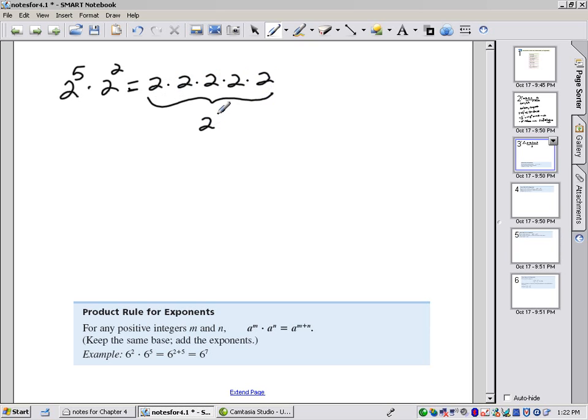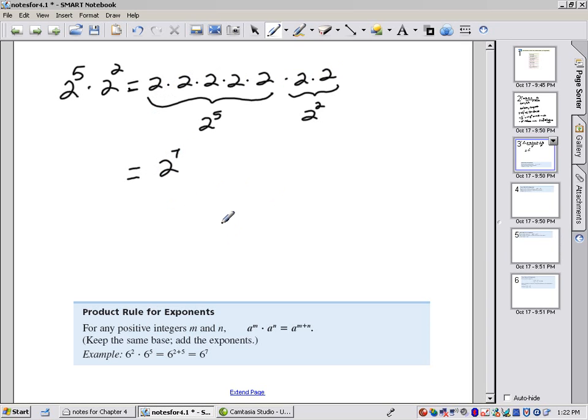That's 2 to the 5th. Then I have to multiply it by 2 squared, which is 2 more copies of the 2. So another way I can write that in exponential form is to observe that the 2 is repeating 1, 2, 3, 4, 5, 6, 7 times.